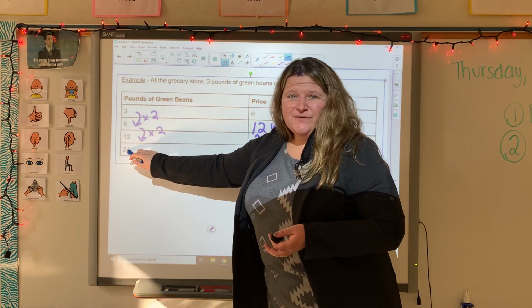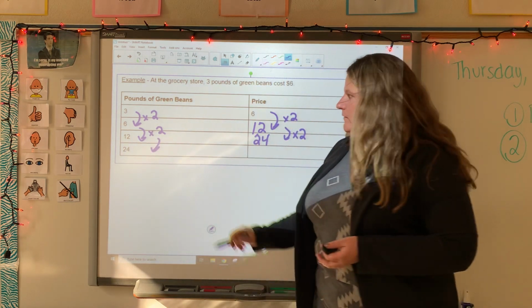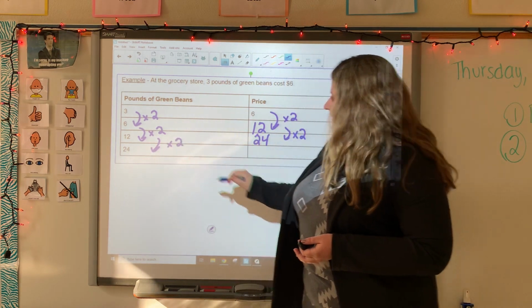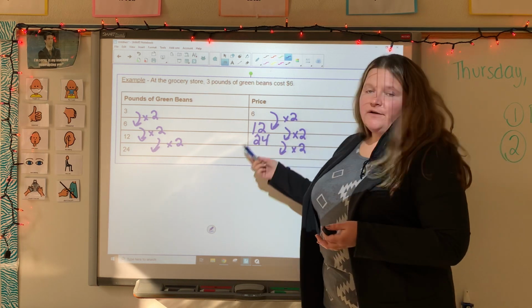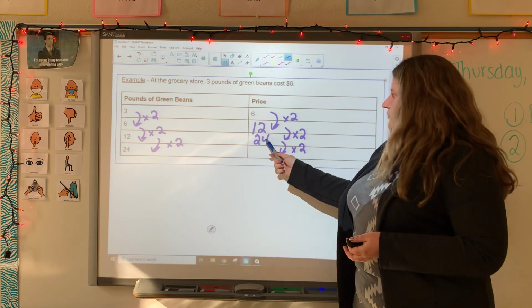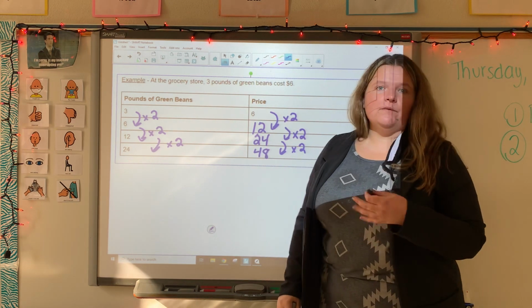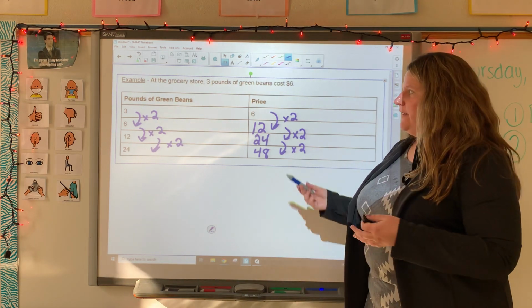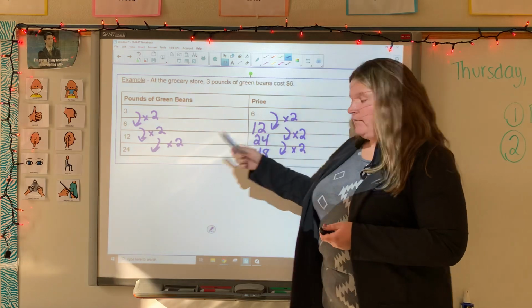Again, my numbers on this side, I'm going down, how can I go from 12 to 24? I'm just doubling it again. And so I would double my price if I double the amount of green beans. So 24 times 2 is 48. That is one way to fill in a table like this, is by doubling and doubling.